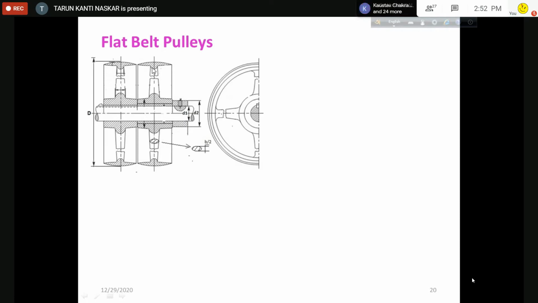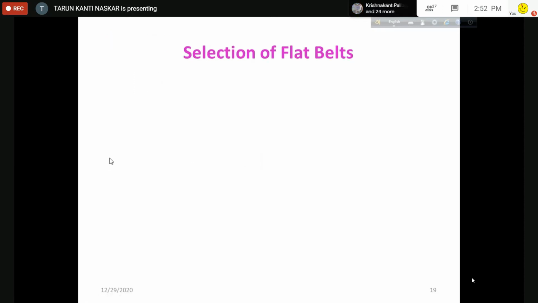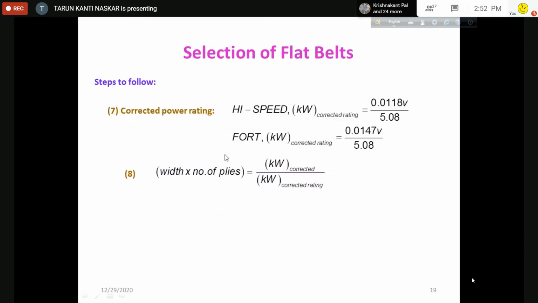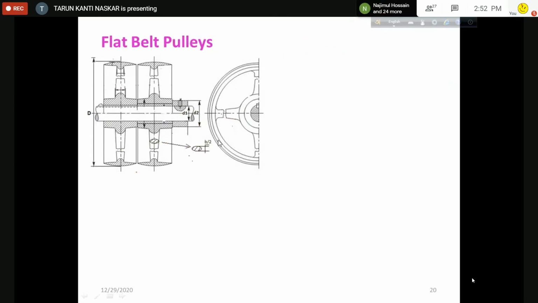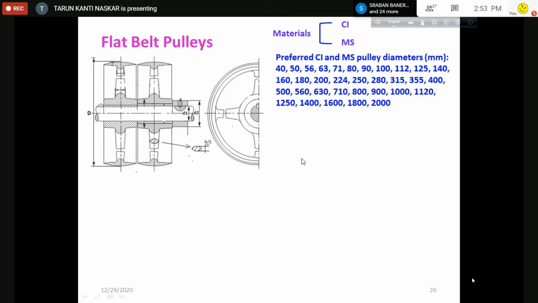It is considered like that because the belts run over this rim, the surfaces, so load is there. So obviously for the cantilever beam, this end is considered as free end, and this is the built-in end.